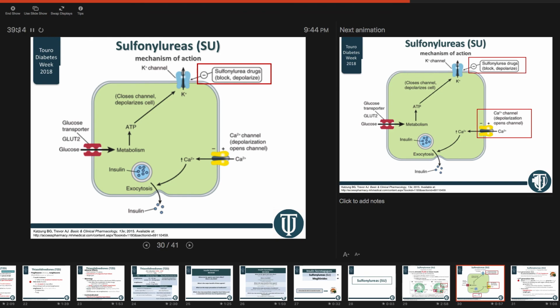With depolarization, more calcium ions come into the cell. The calcium ions then bind to the vesicle with insulin in it to facilitate fusion of the vesicle to the cell membrane, which leads to the release of insulin.